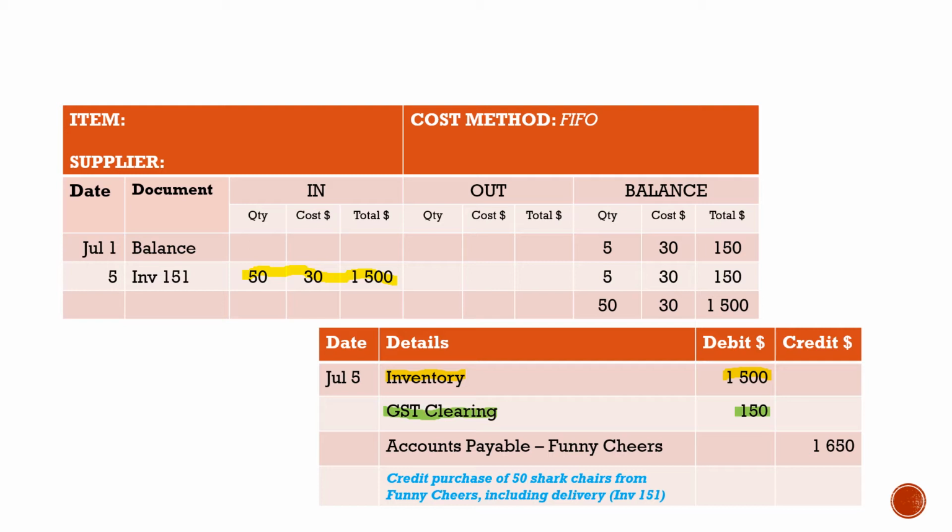And because this is a credit purchase from the supplier Funny Chairs, we record an increase in the amount owing to Funny Chairs by $1,650 credited to the accounts payable account.